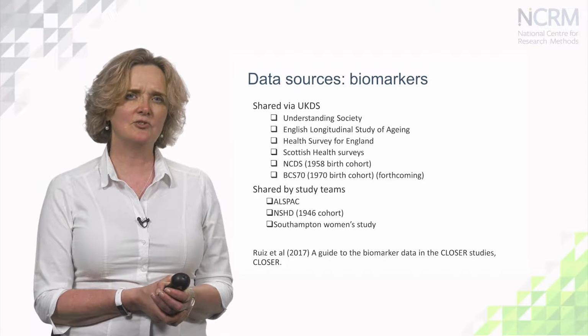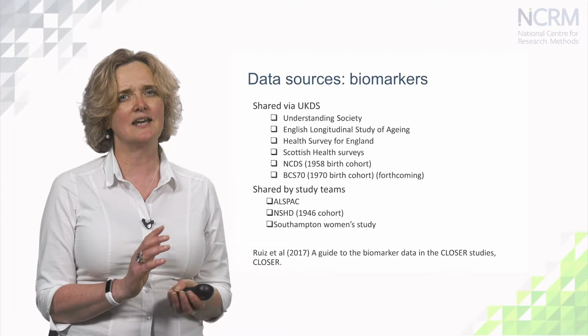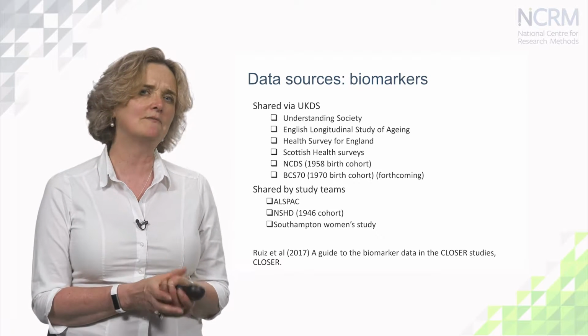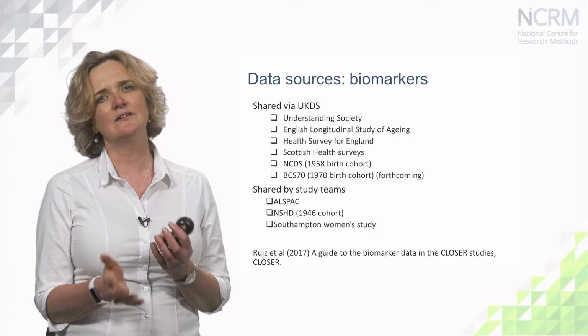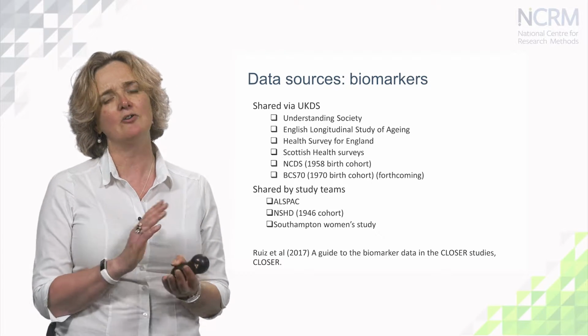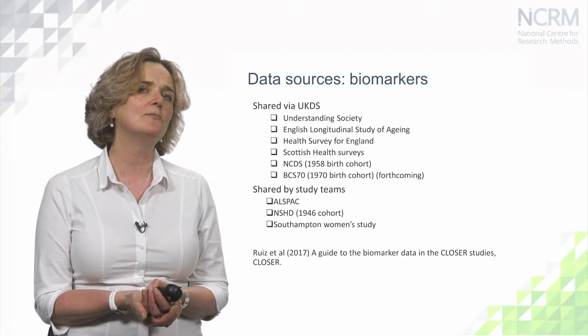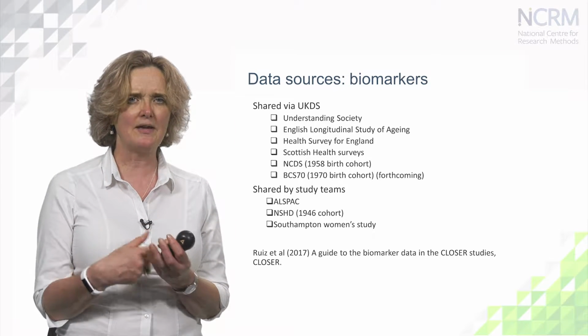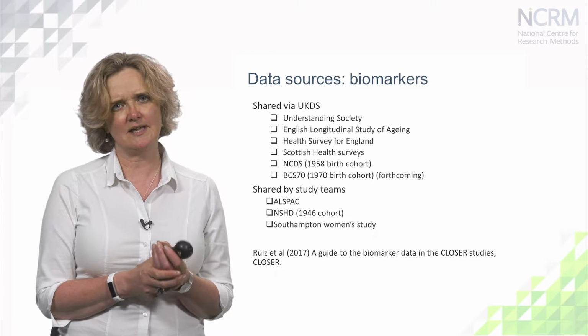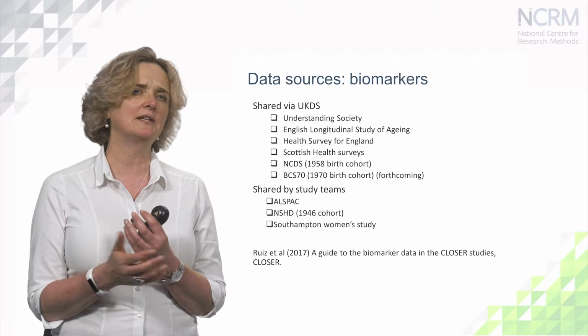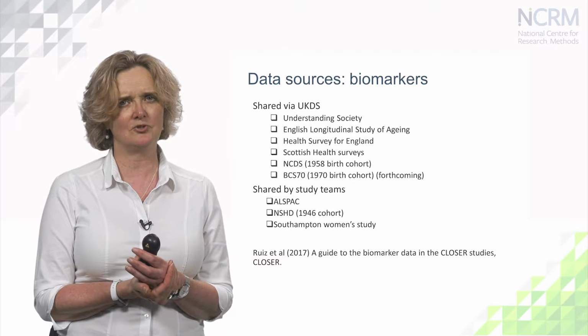The English Longitudinal Study of Ageing collects data every couple of waves from people aged over 50. The Health Survey for England and those for Scotland are not longitudinal, they just collect data from new people each time, but they also include some biological measures. And then the cohort studies, the 1958 cohort and the 1970 cohort, also have biological data.